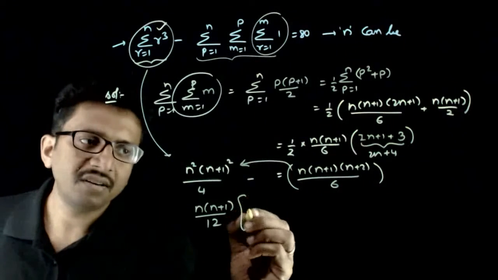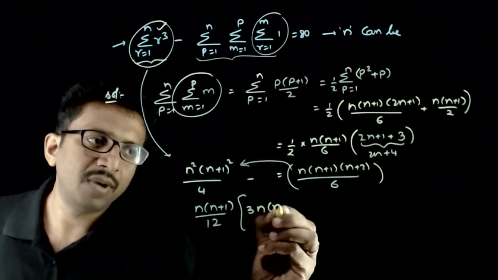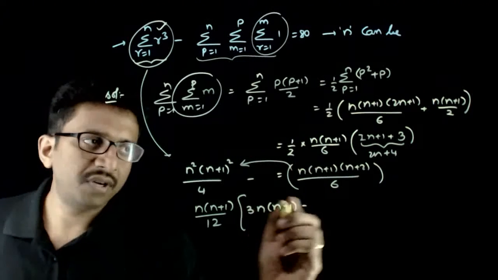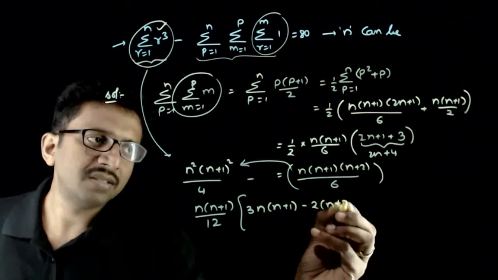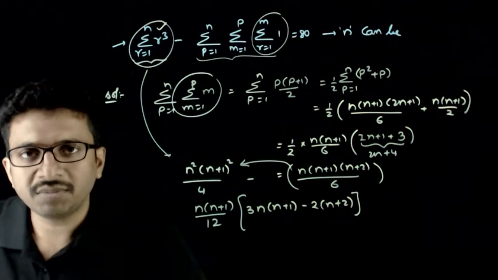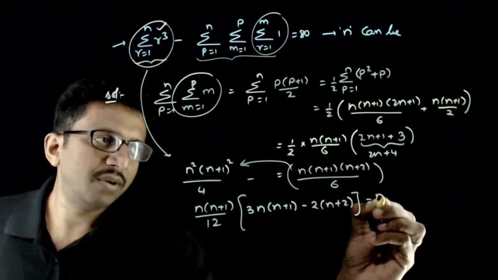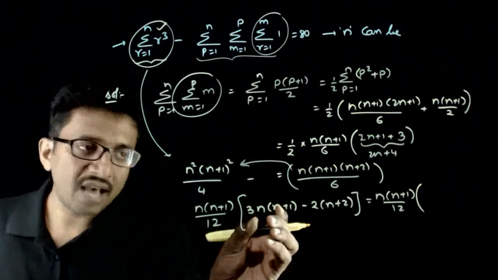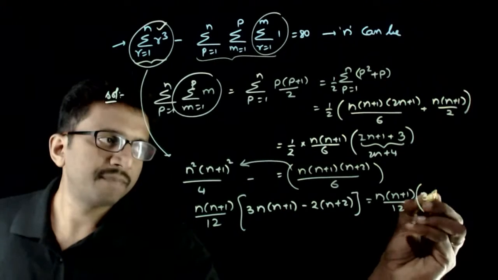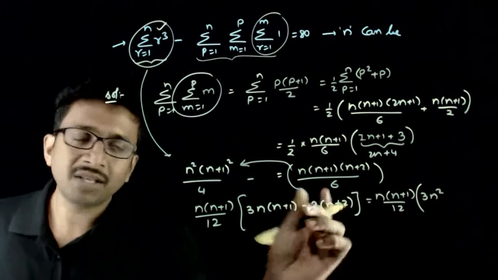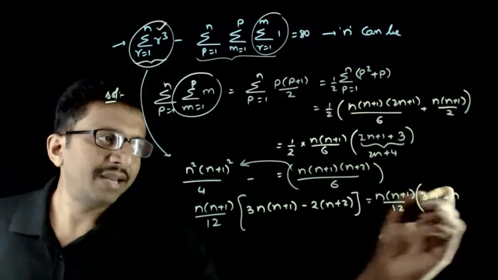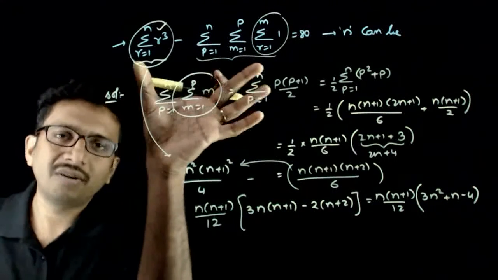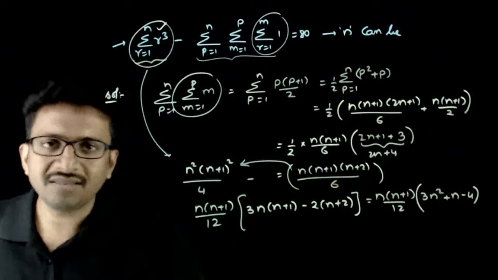What is left here? 3 times n into n plus 1 is left here, minus 2 times n plus 2. So that is equal to n into n plus 1 by 12 times 3n squared plus 3n minus 2n, plus n, minus 4. So this is the final expression of this difference, and this is given as 80.